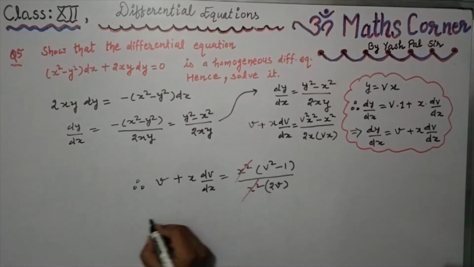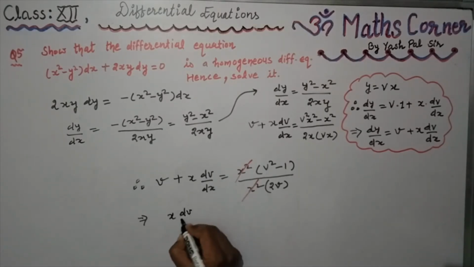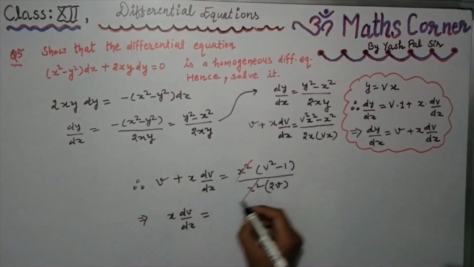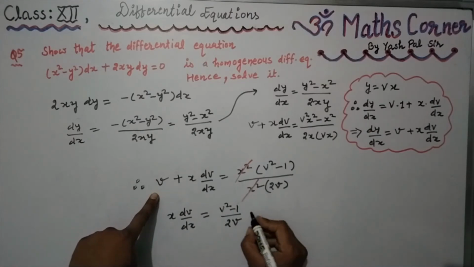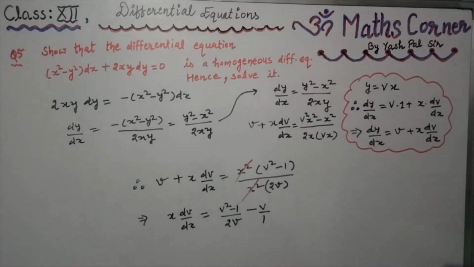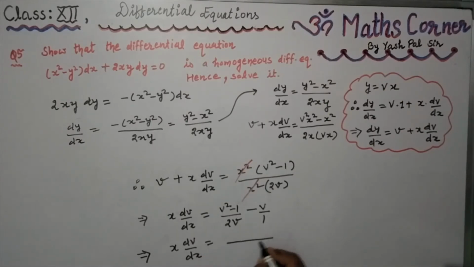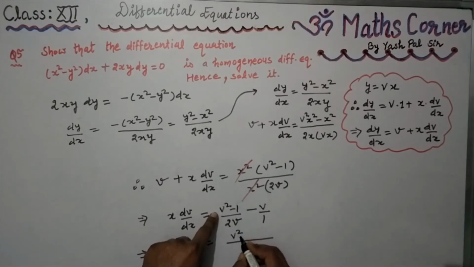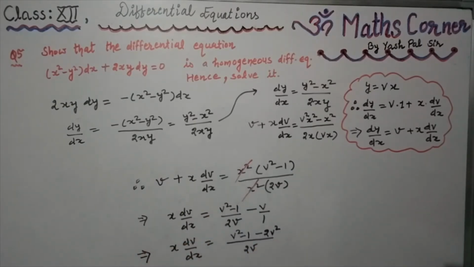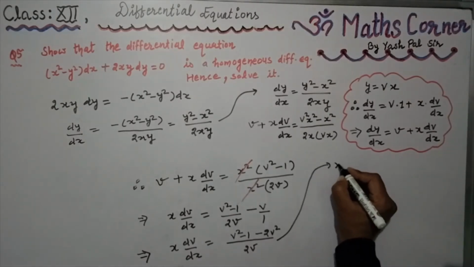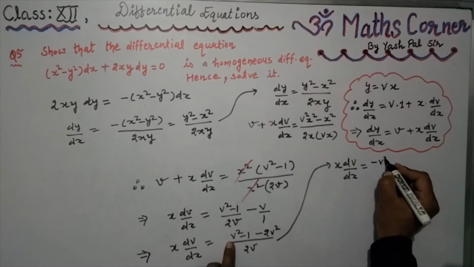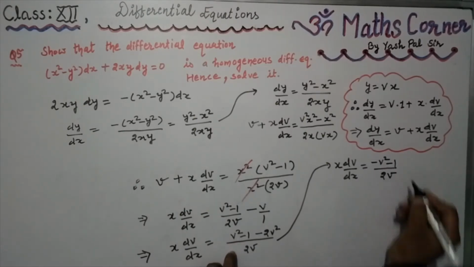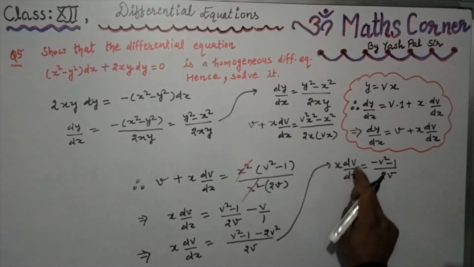Now we write x dv/dx equal to (v² − 1)/2v on the right hand side, and this v from the left side goes here, becoming minus v/1. Again, taking LCM 2v, we have (v² − 1 − 2v²)/2v. So x dv/dx is equal to (v² − 2v² − 1)/2v, which is minus (v² + 1)/2v.